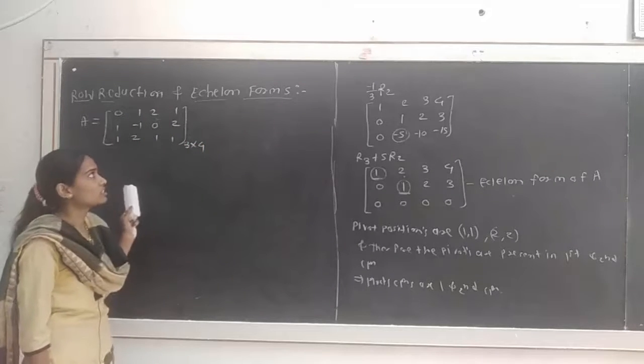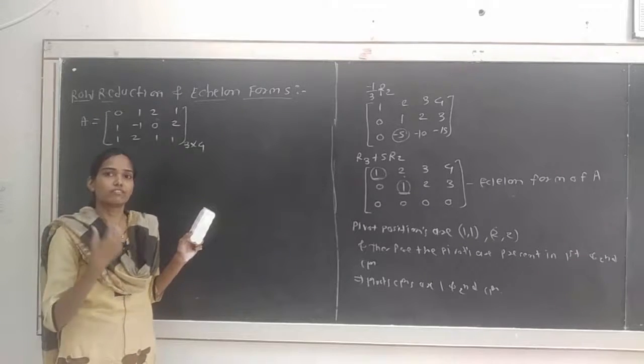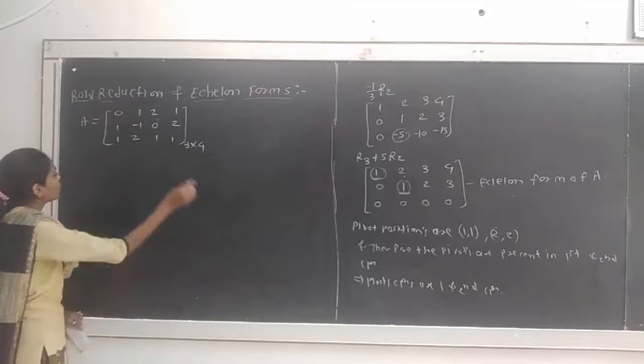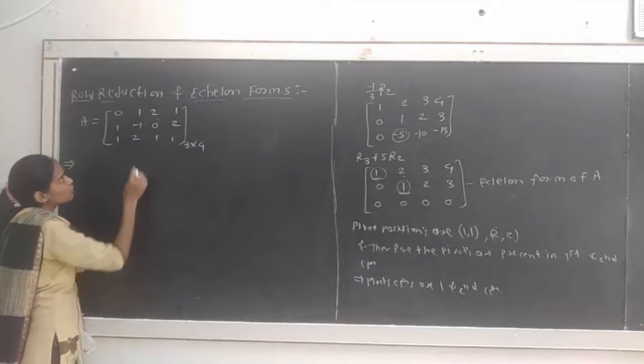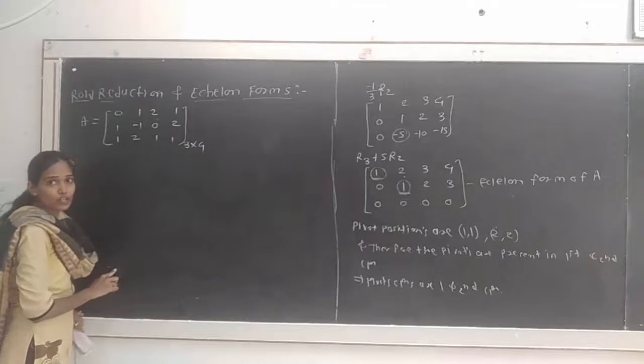So the given matrix need not be of order n cross n for converting it into echelon or reduced row echelon form. So we apply row operations to convert it into the reduced row echelon form.